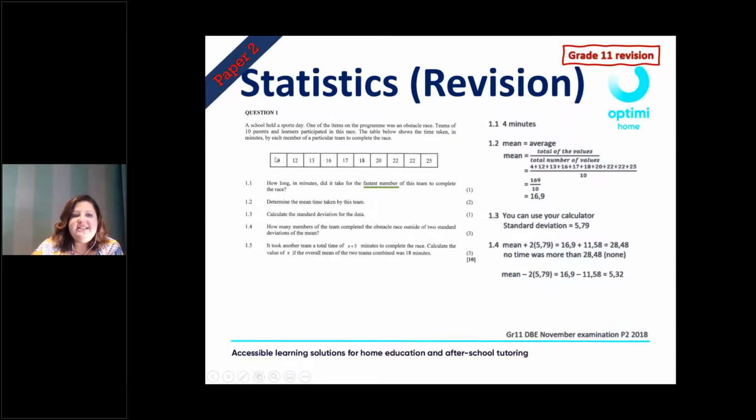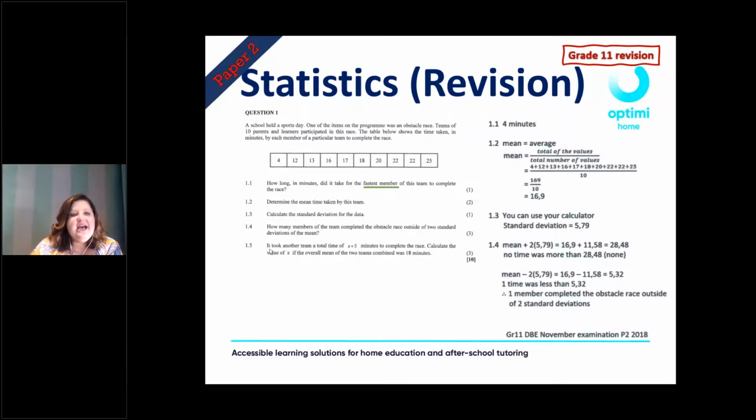So there's definitely a number that is lower than 5.32, and it is 4. It means that 1 member completed the obstacle course outside of 2 standard deviations. So my 4 is actually my outlier in this case.